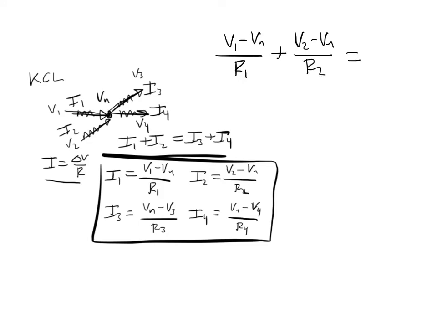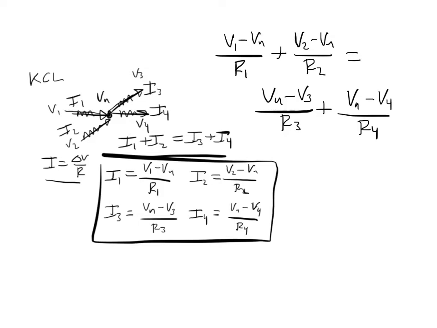And that has to equal the currents coming out, which we assume are I3 and I4, so Vn minus V3 over R3, plus Vn minus V4 over R4.